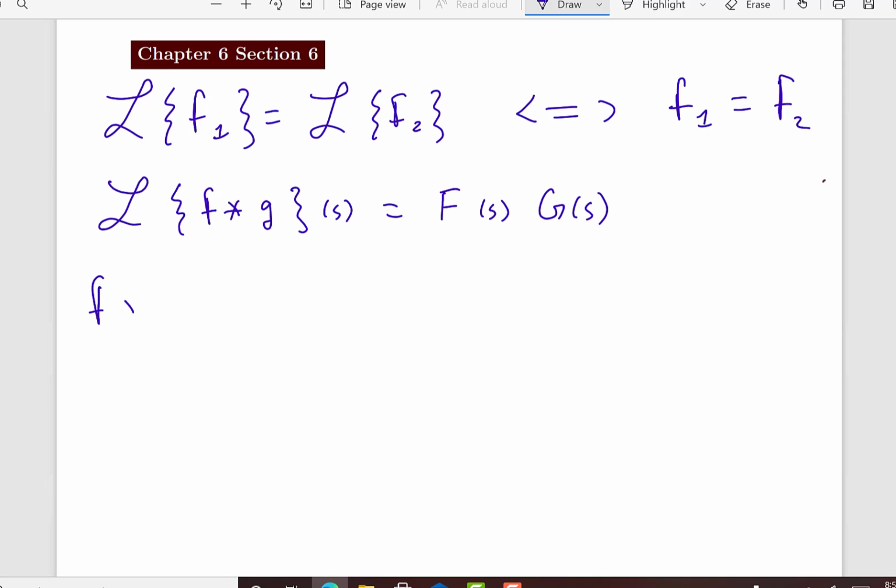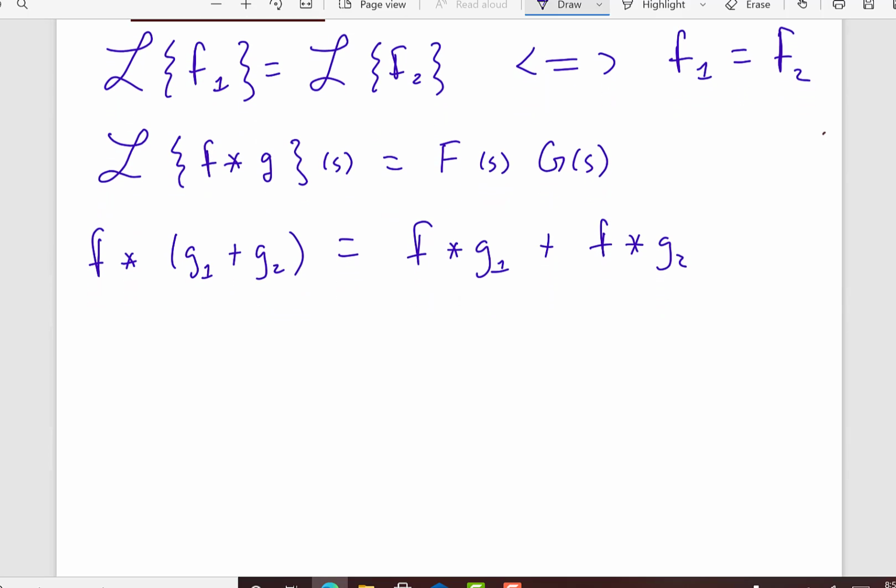It says that f convolved with g1 plus g2 is equal to f convolved with g1 plus f convolved with g2.